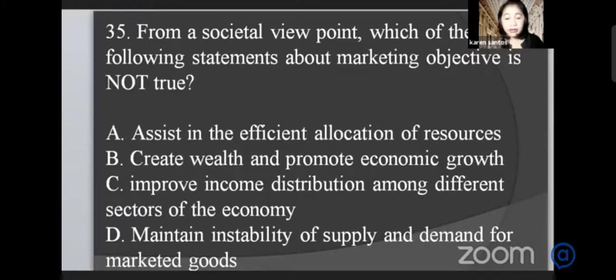B. Create wealth and promote economic growth. C. Improve income distribution among different sectors of the economy. D. Maintain instability of supply and demand, and market goods. So what is the answer in number 35?